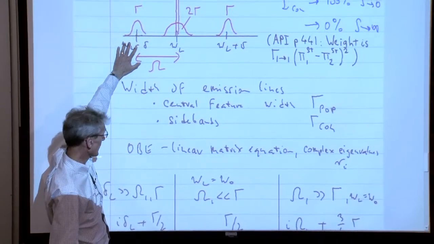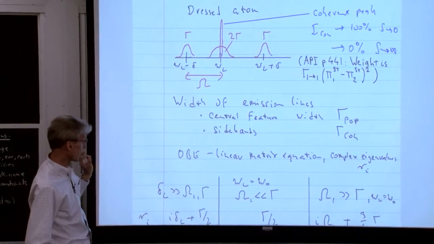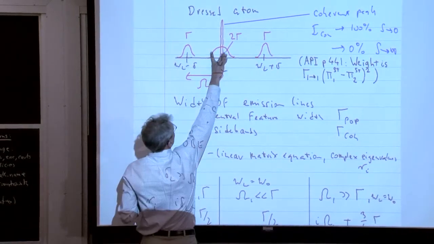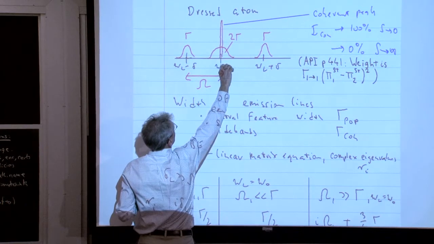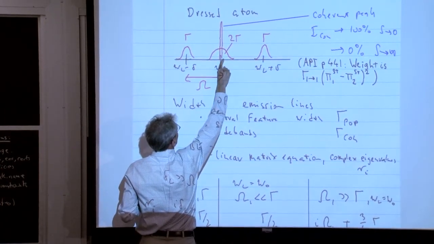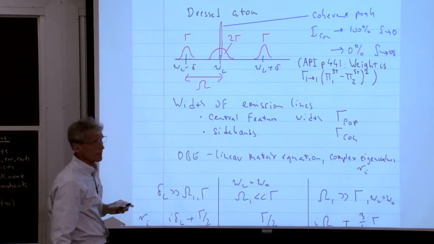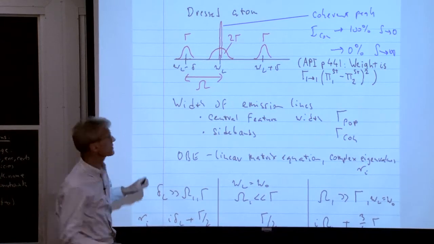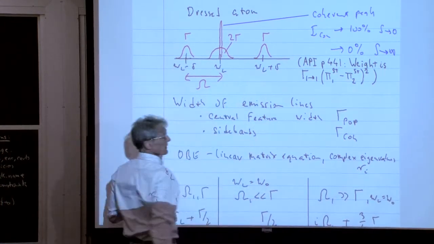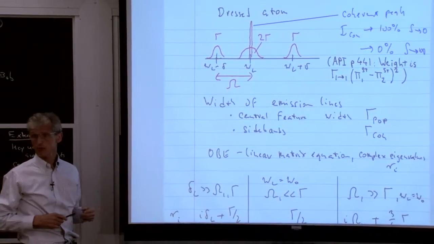This is at weak laser power, but in the most general case, the width of the central peak reflects the relaxation time for the population, and the width of the sidebands is the relaxation time for the coherences in the dressed atom picture.